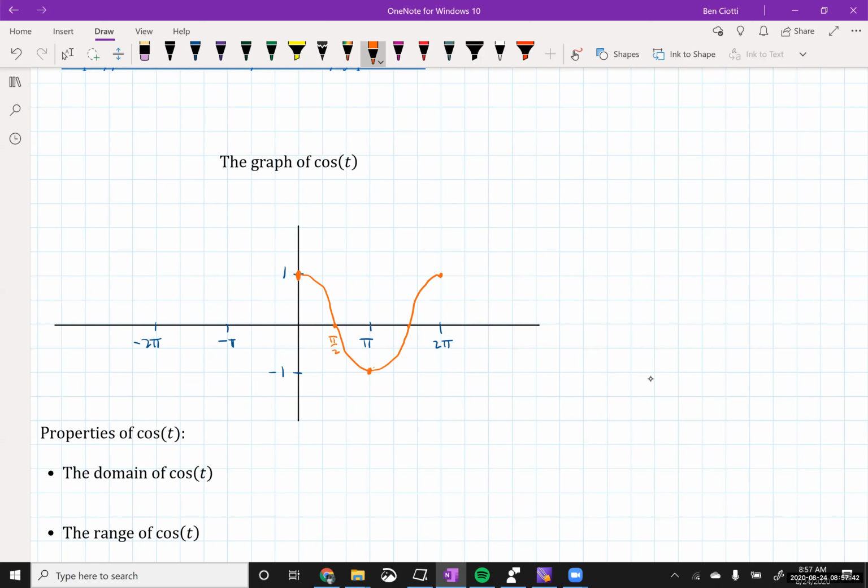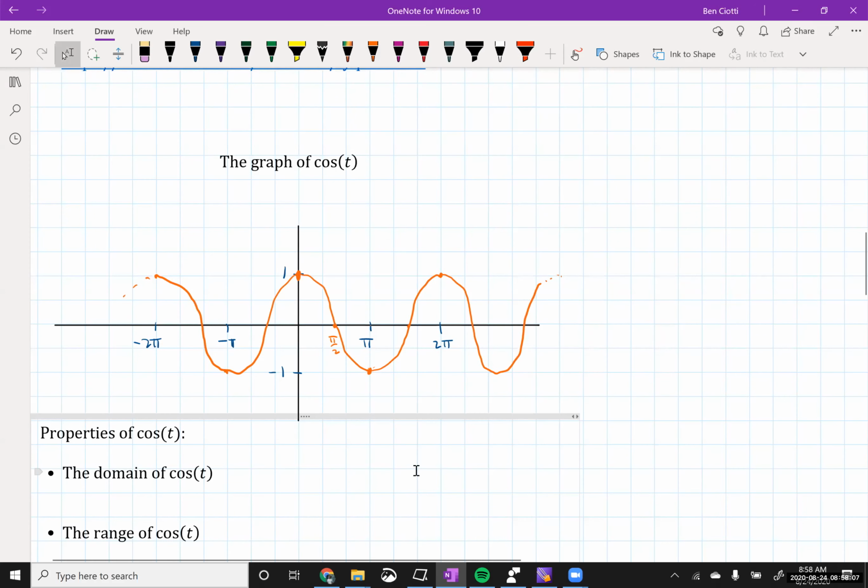And again, I can extend it periodically, so it's just going to keep on doing what it's doing. Great, so there's our cosine graph.